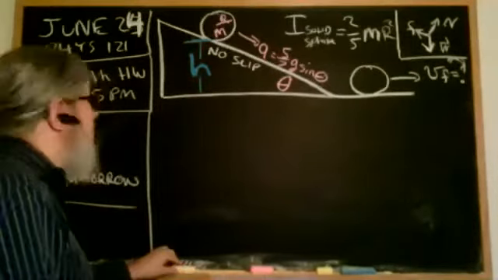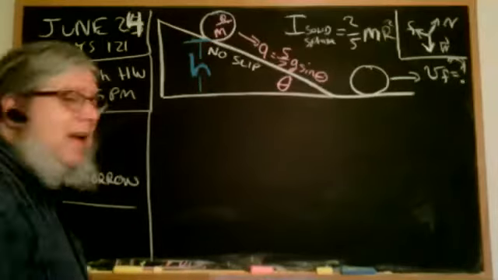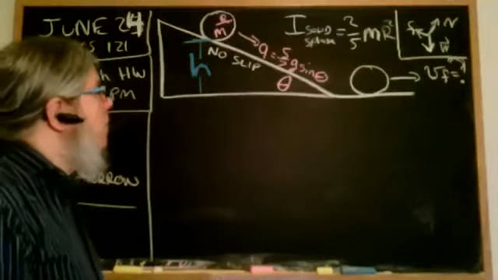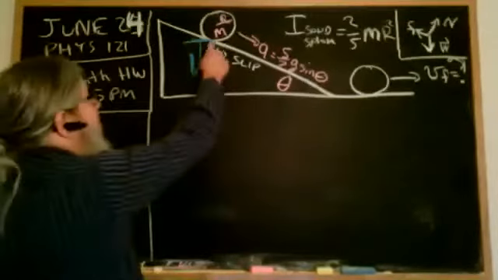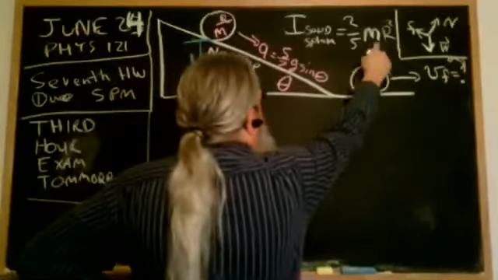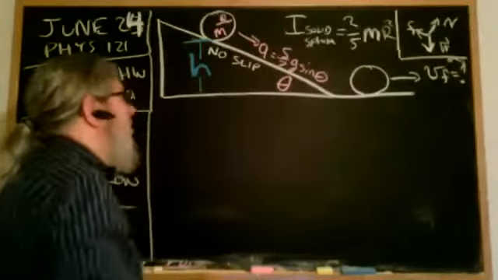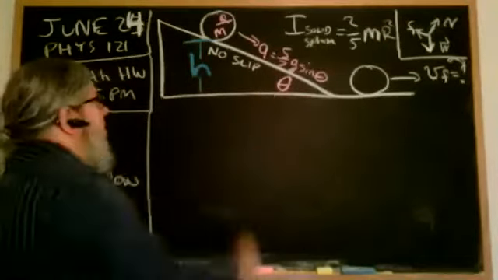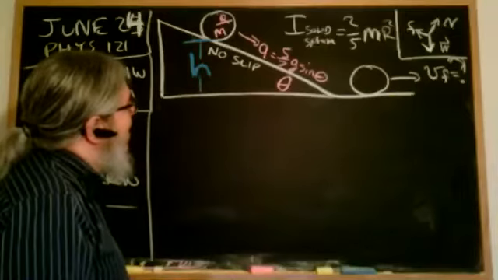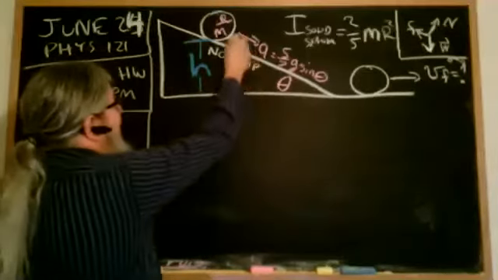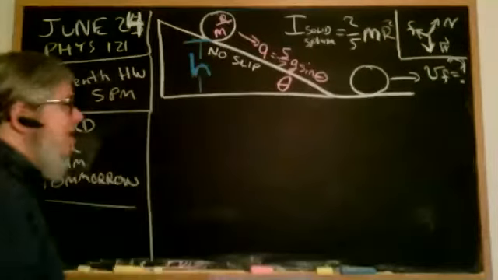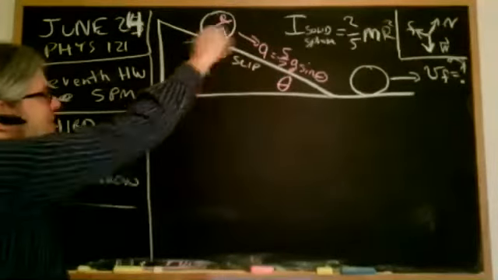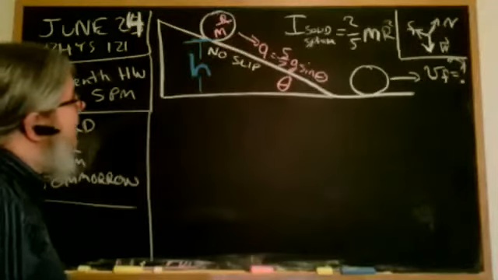This is a result from a problem that we did yesterday, a solid sphere, radius r and mass m, on a ramp of angle theta. We worked out yesterday that there's a force of friction on the ramp. If there's no slipping and no sliding, it's the friction that causes the sphere to rotate.